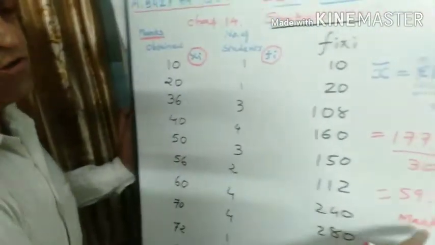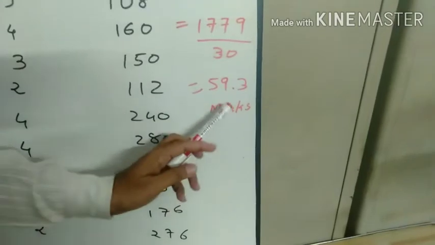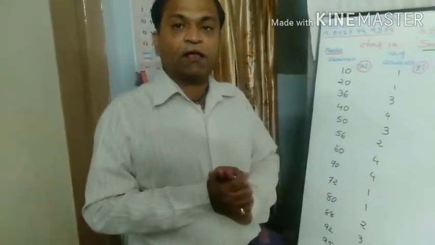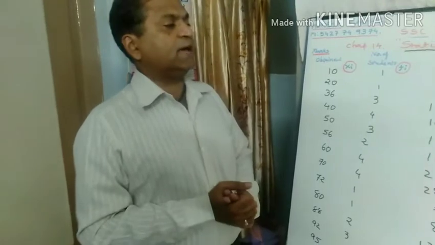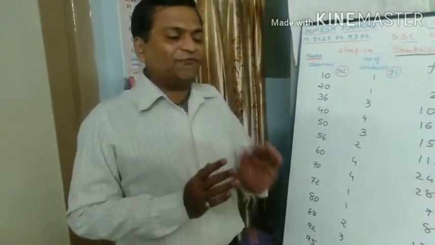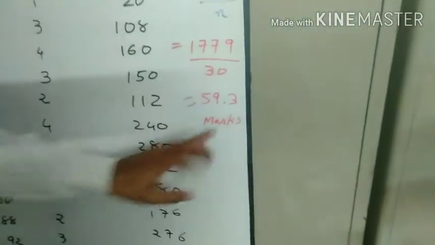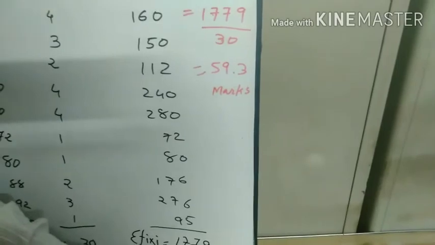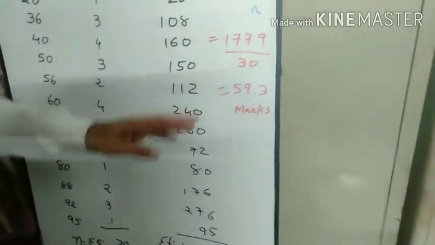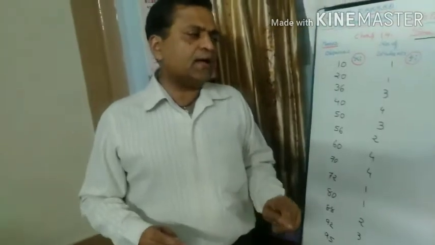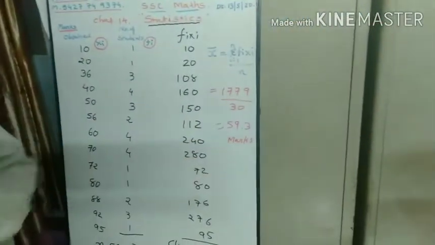It is marks, so we will write here 59.3 marks. Then you have to write the answer in a sentence: the mean of the given data is 59.3 marks. I am not writing it for lack of space, but you have to write it.